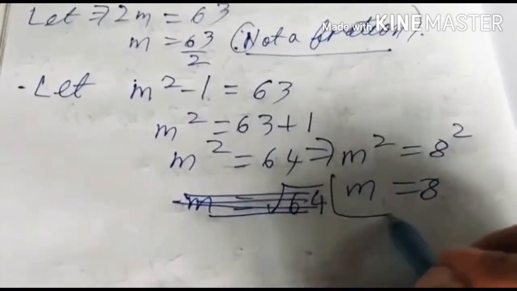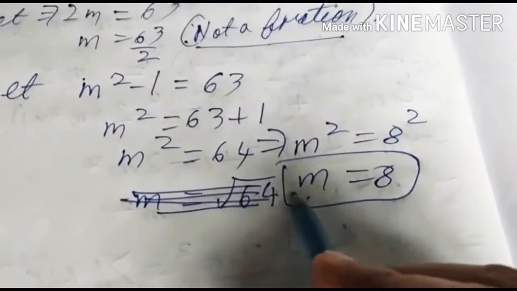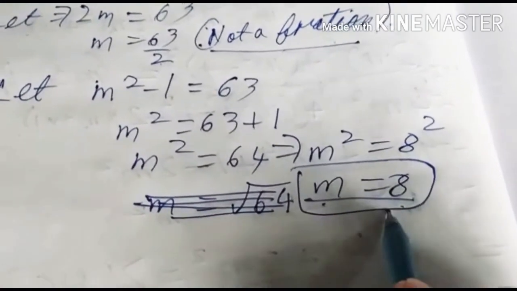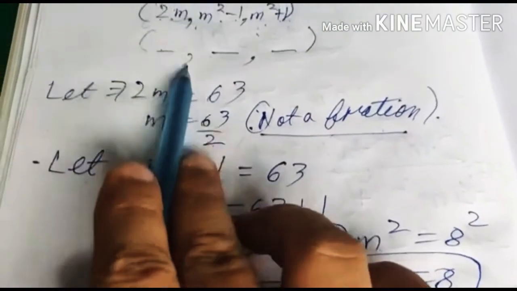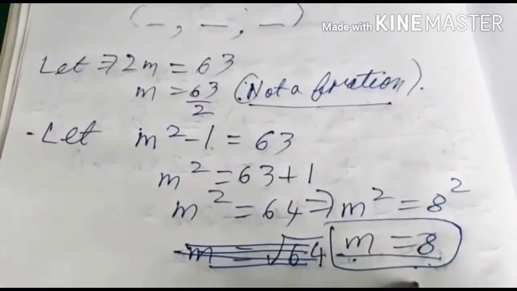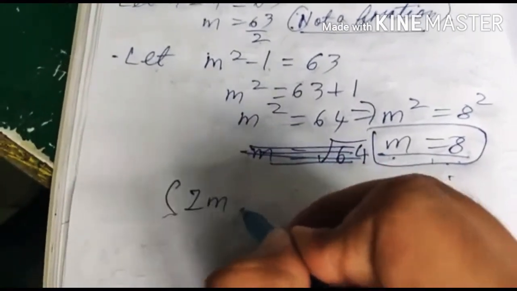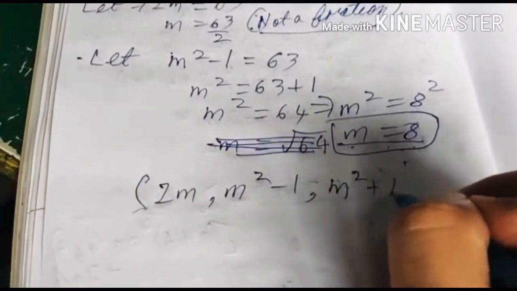So m will be equal to 8. We checked whether we are getting a natural number at this place, and m's value is 8. So what would be the actual triplet? Since m's value is 8 and this is correct, in generalized form it is 2m, m square minus 1 and m square plus 1.